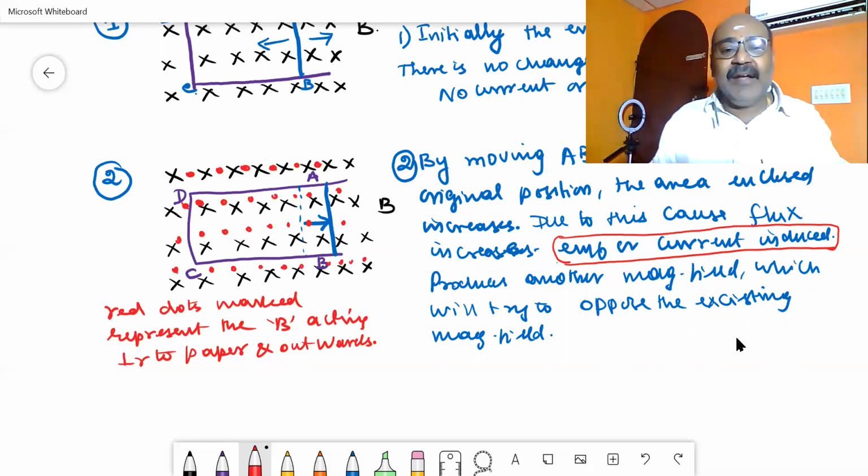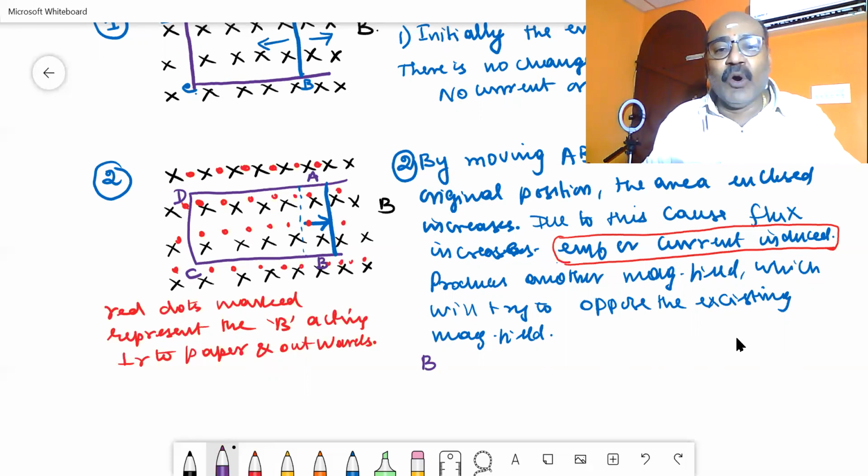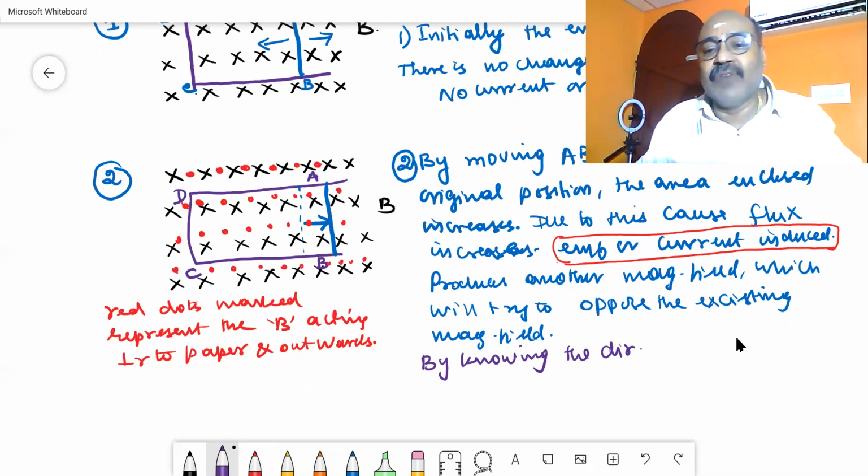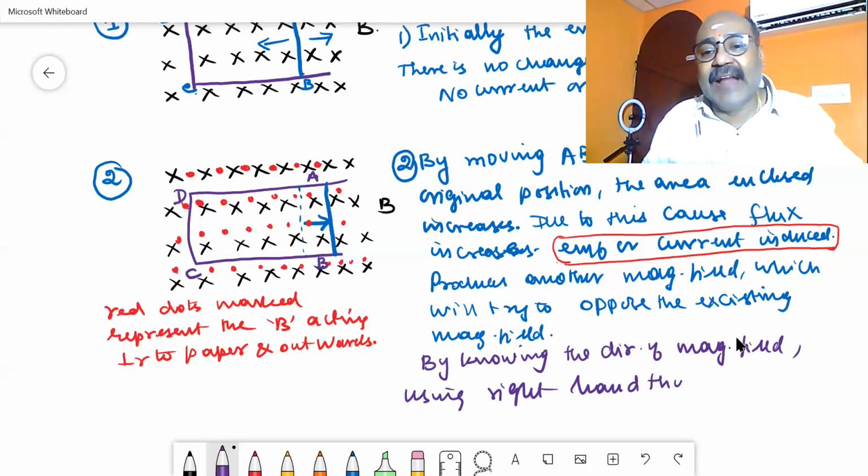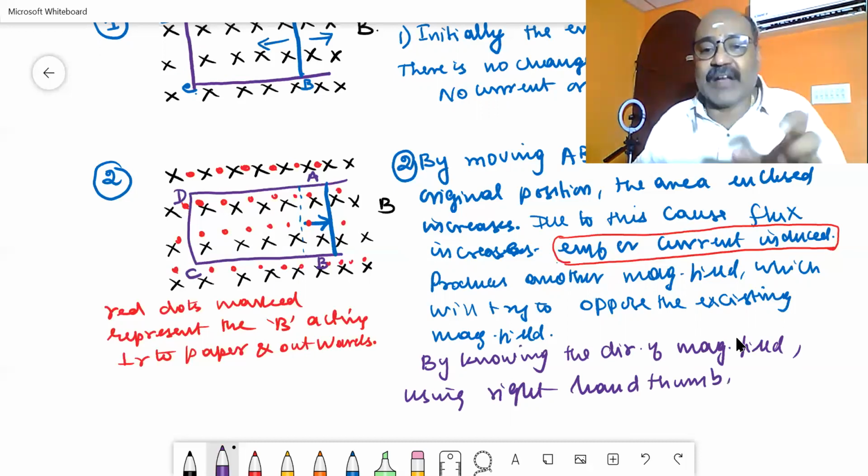So here I can write: by knowing the direction of the magnetic field using the right hand thumb rule, we can say the direction of the induced current.